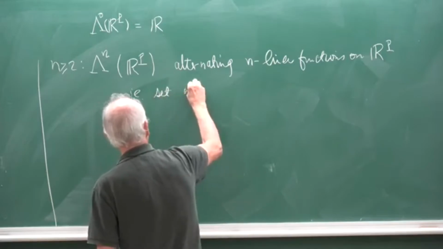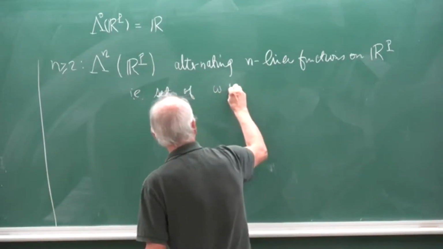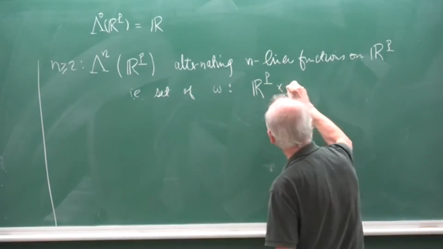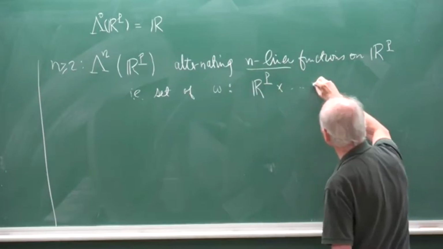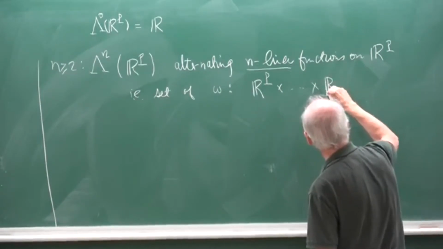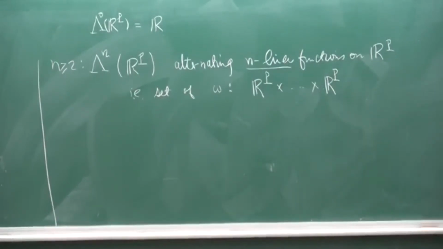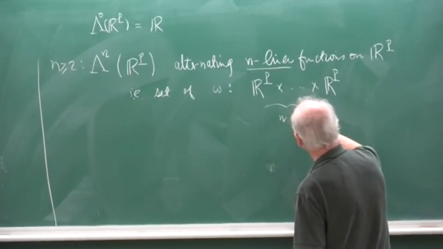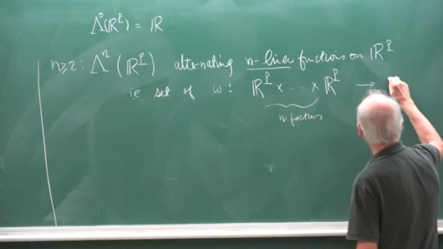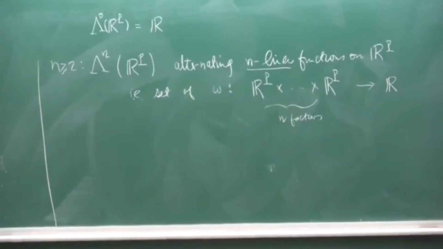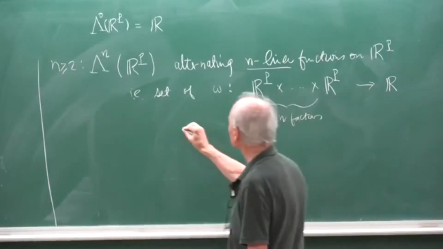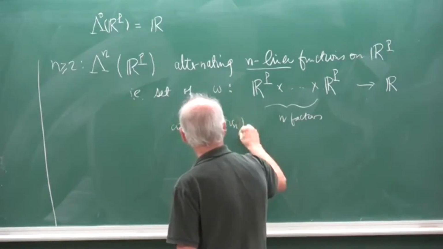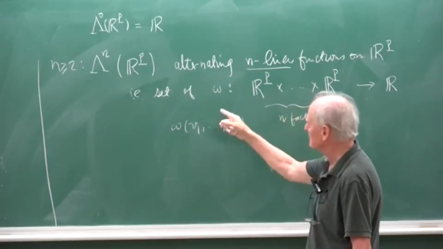In other words, that's the set of omega which map from n copies, taking the Cartesian product of n copies of Rp, n factors, into R. N-linear means linear in each component, and omega of V1 up to Vn should be linear in each component.